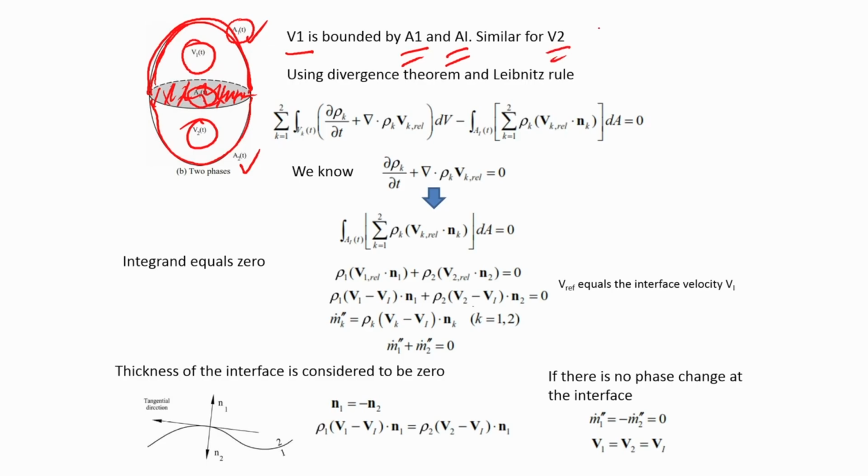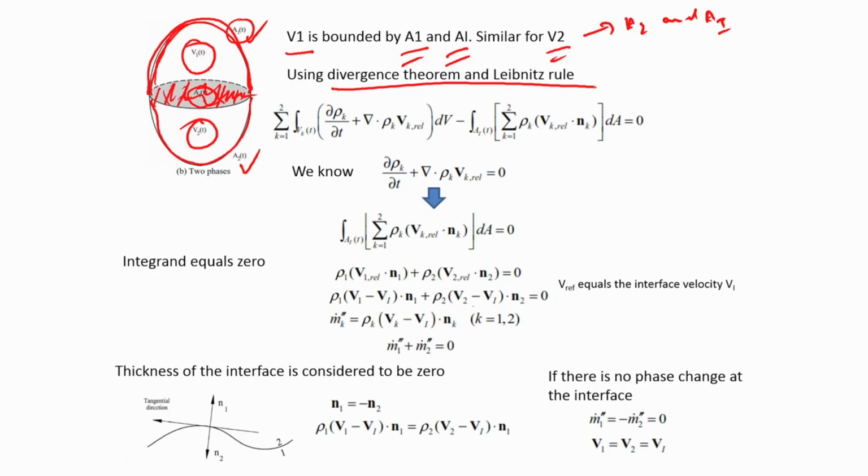Similarly for V2, it is A2 and correspondingly AI, right. Okay.